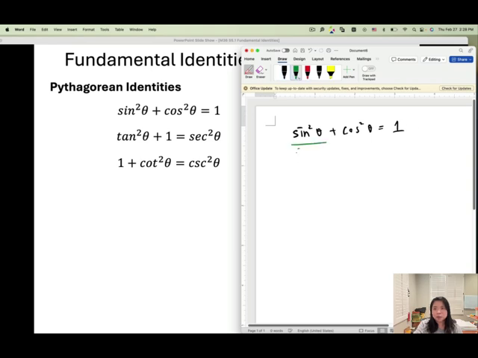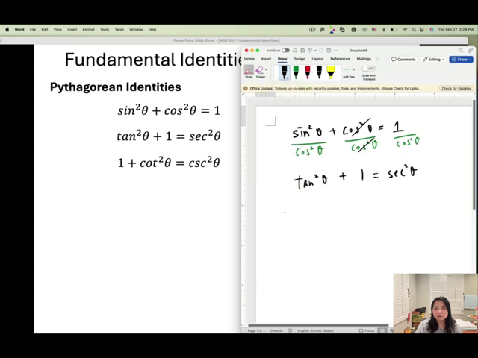We're going to divide each of the terms by cosine squared theta. Sine over cosine becomes tangent, so tangent squared theta plus 1 equals, 1 over cosine becomes secant squared theta. This is how we get the second one.